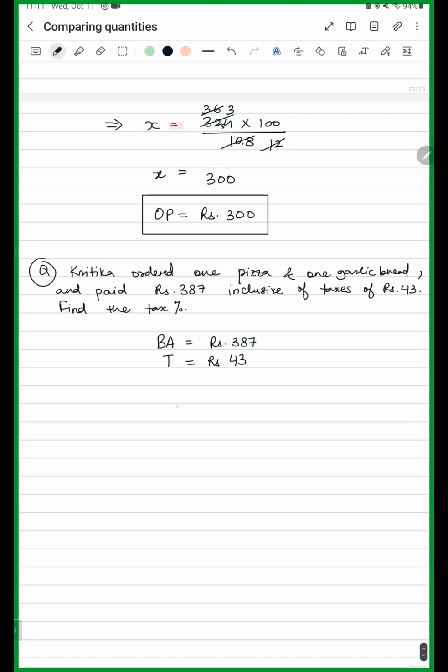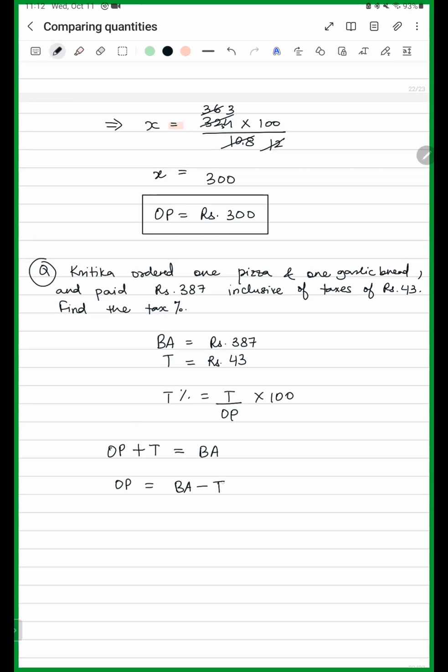Now we know that the tax percent is equal to tax by original price into 100, but we don't know the original price. So first, for that, we will have to find the original price. We know that original price plus tax is equal to bill amount. So original price is equal to bill amount minus tax.